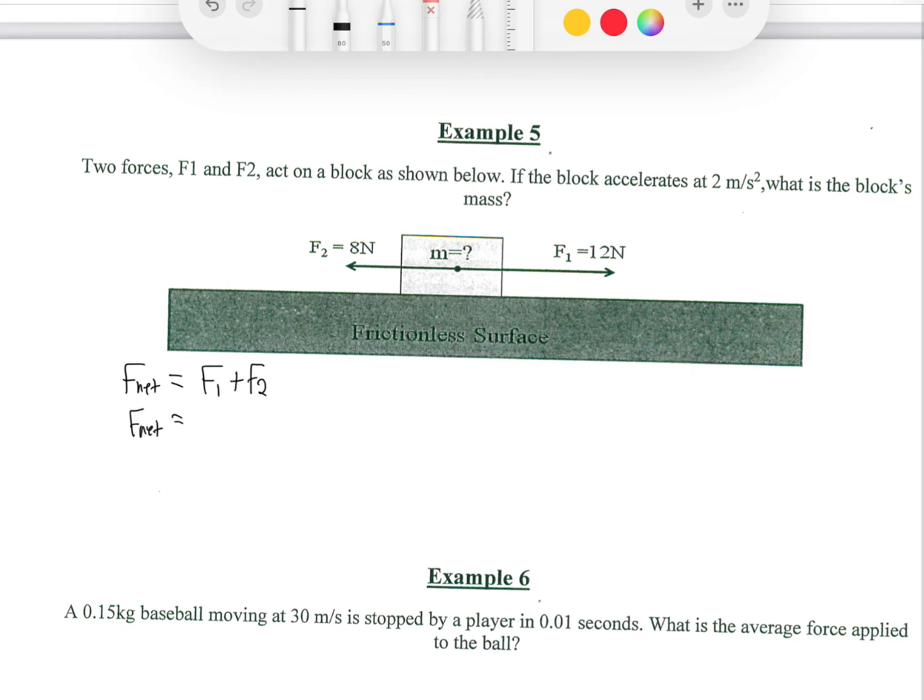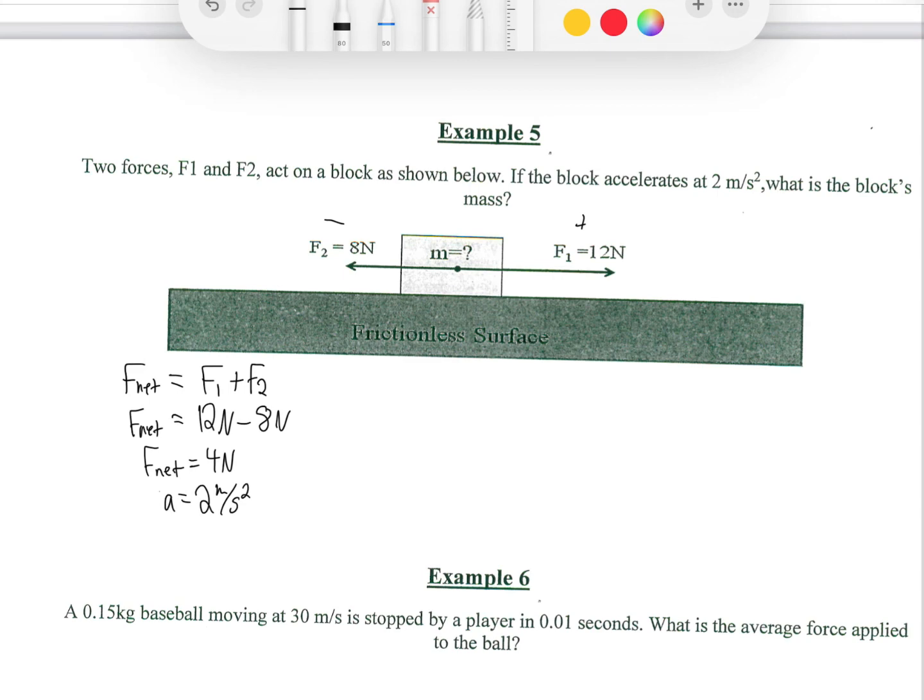By doing this, we can plug in F1, which is 12 newtons. We'll call it positive because it's going to the right, and negative to the left. So then we'll subtract 8 newtons, which will give us a net force equal to 4 newtons. The other thing we're told is that the block is going to accelerate at 2 meters per second squared, and now we are looking to find the mass.